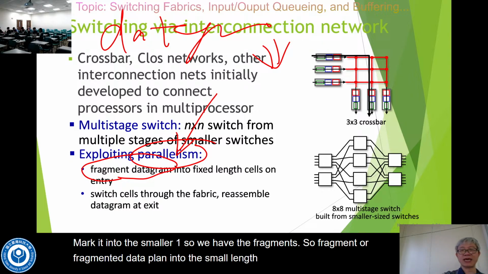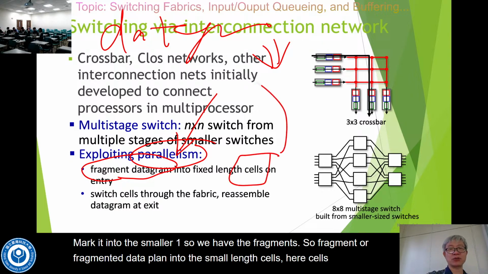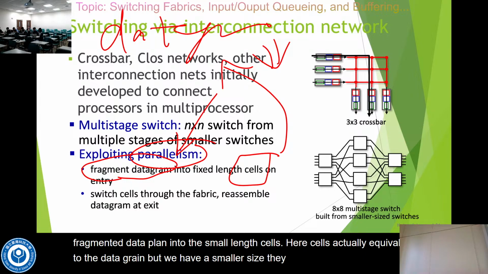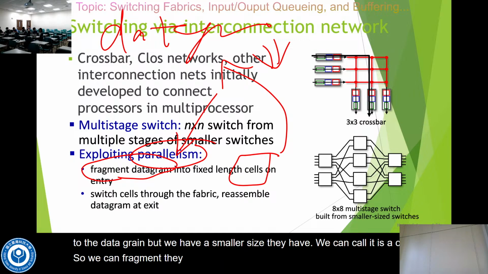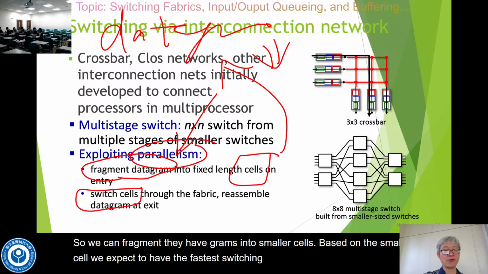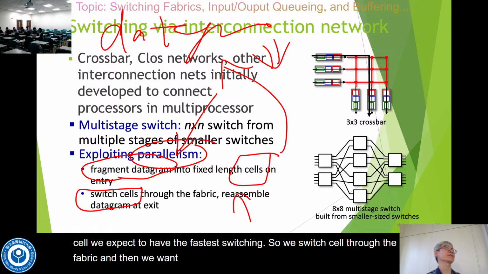Here, cells are actually equivalent to the datagram, but with a smaller size. We can call it a cell. So we can fragment datagrams into smaller cells. With smaller cells, we expect to have faster switching. So we switch cells through the fabric and then we want to reassemble.